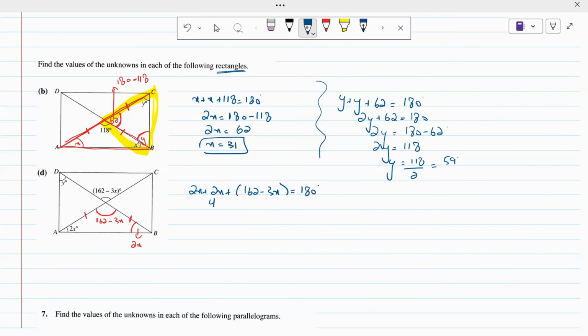That's 4x minus 3x plus 162 is equal to 180. x is equal to 180 minus 162, and we get x as 18 degrees.